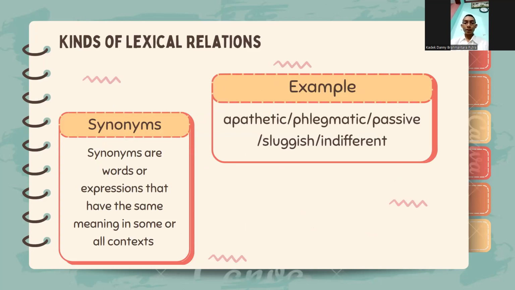Okay. In lexical relations, there are some kinds, like synonyms. Synonyms are words or expressions that have the same meaning in some or all contexts.